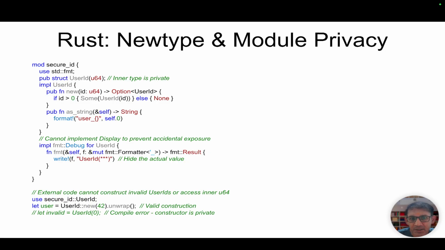For instance, a user ID struct might wrap a U64, but clients cannot construct invalid user IDs or access the inner value directly. The new function validates input, and other methods provide safe operations on the ID. Each of these patterns achieves the same goal through different language mechanisms, making the representation unknowable to clients while offering a rich behavioral interface.